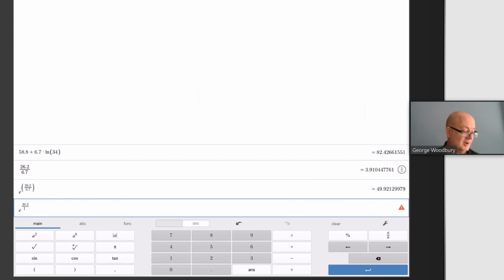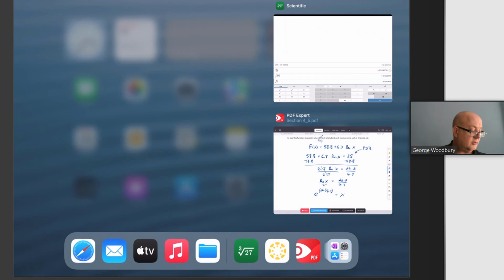Sometimes that doesn't work. Sorry about that. Yeah, so I got the same thing there. There are times, depending on what you're typing, where that's going to move that into the denominator, and then that's trouble. Okay, 49.9, or approximately 50 years.